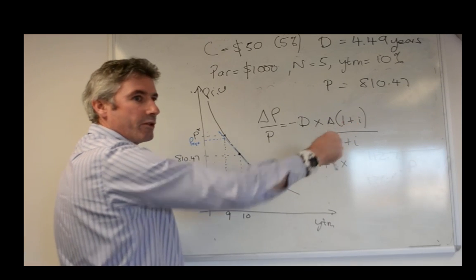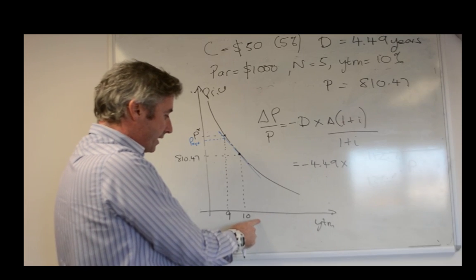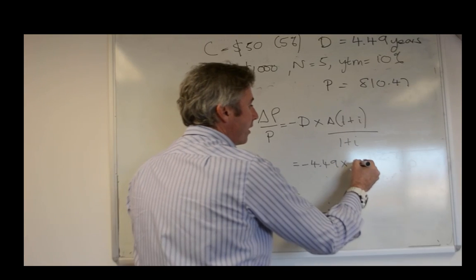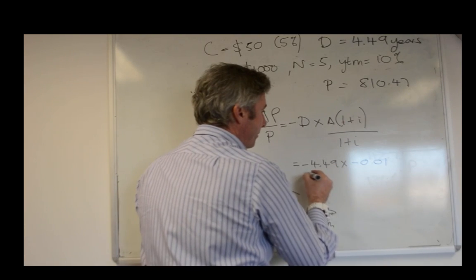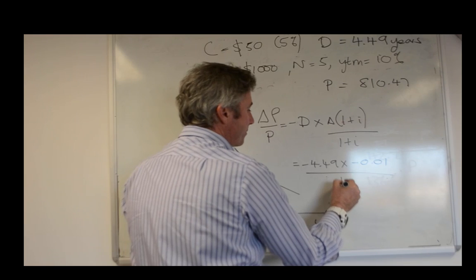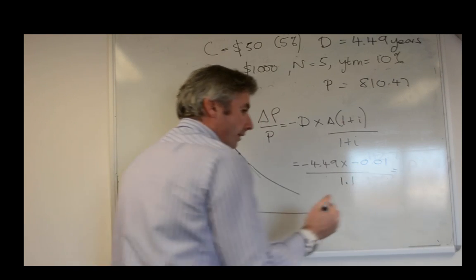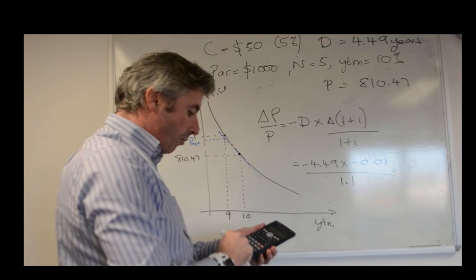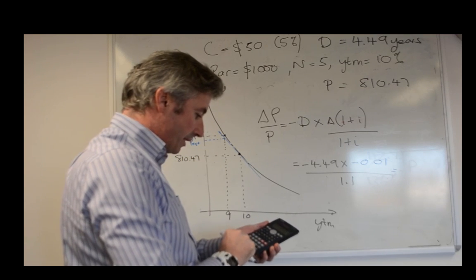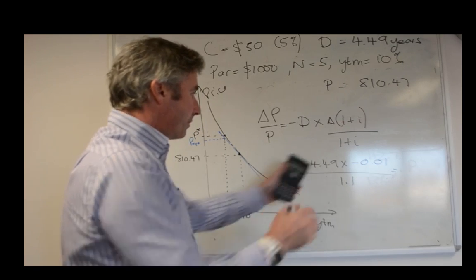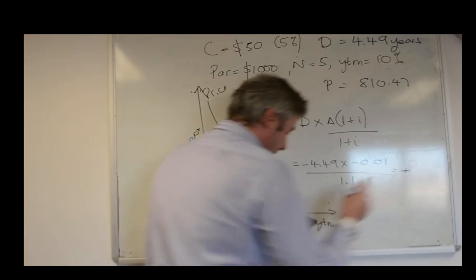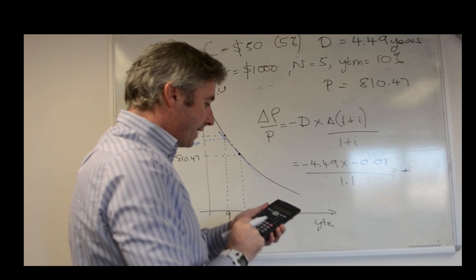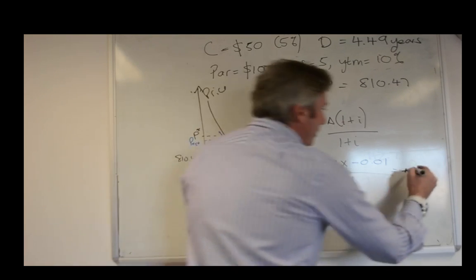Ignore the 1 plus, because if you imagine it, 1.1 take away 1.09 or vice versa is the same answer. So that's going to be a fall of minus 0.01. And we divide that by the original interest rate, which is 10%, so we divide by 1.1. Let's grab our calculator again. So minus 4.49 times 0.01. The minus is obviously going to disappear. Minus times minus gives us a plus. And then we divide that by 1.1. And we get an answer in percent of 4.08%.